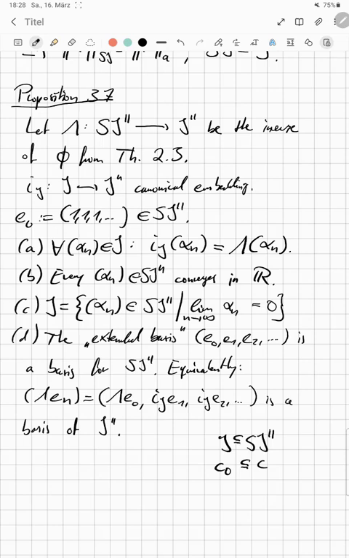And further down the line, we will see that the isometric isomorphism between J and Sj dash dash will actually look pretty much the same as the isomorphism, which is, by the way, in this case not isometric, between C0 and C. There is actually an isomorphism between them, but it's not isometric. So yeah, I wanted to note that because it's pretty cool.